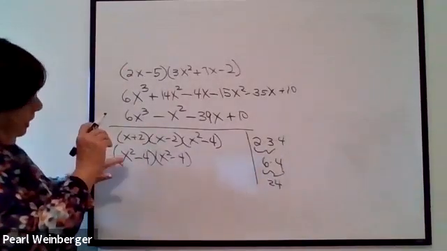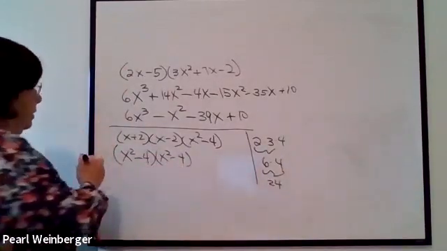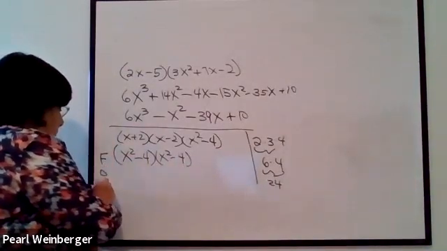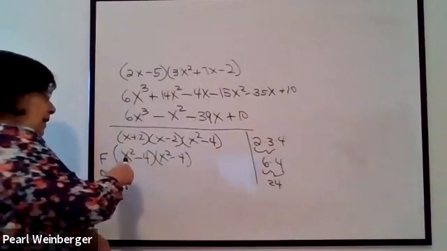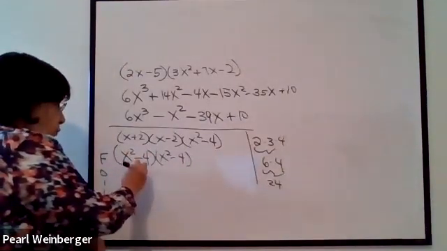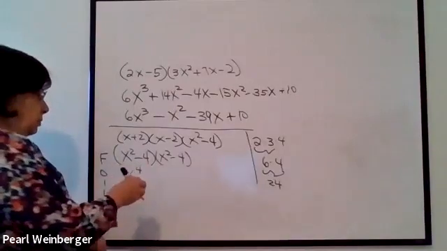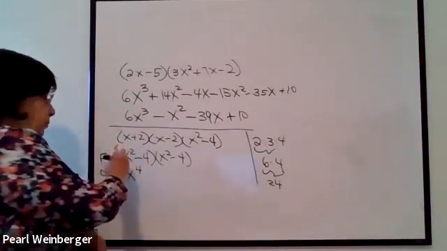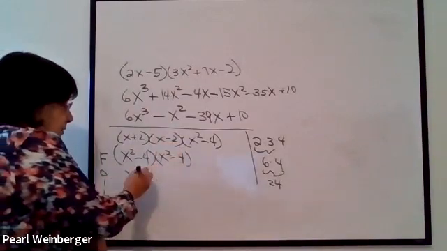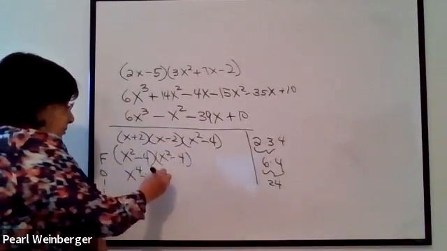So I'm going to, actually I could use FOIL here because these are both binomials. So first, x squared times x squared is x to the 4th. Remember, we add our exponents. Outer, that's x squared times negative 4 is negative 4x squared.